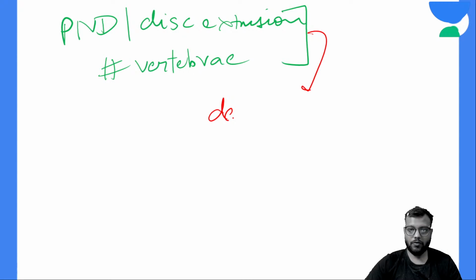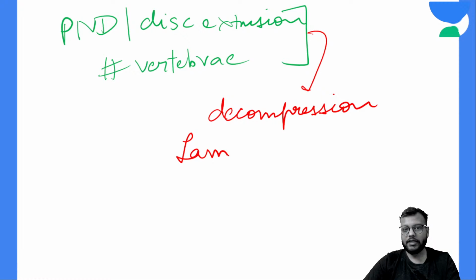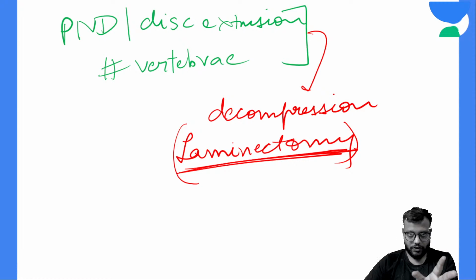Okay, यहाँ पे भी you go for the decompression, but that we have already discussed कि यहाँ पे posterior will be affected, so the decompression will be called the laminectomy. You will remove the lamina. Lamina is the part between the spinous process and the transverse process. Okay, so you will do the laminectomy, that is at the posterior side.